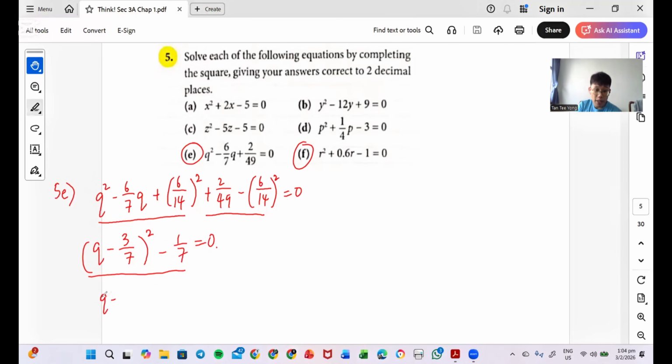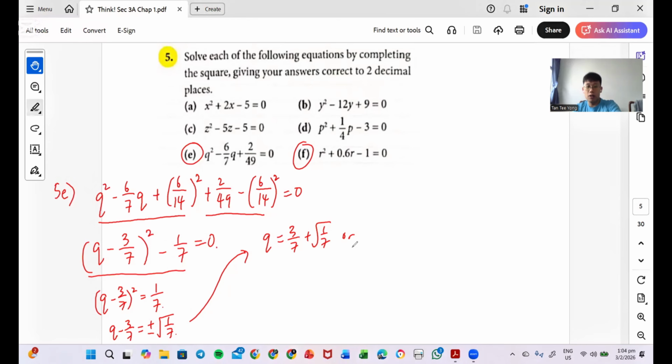So q minus 3 over 7 square equals to 1 over 7. Then you square root both sides. So q minus 3 over 7 equals to plus minus square root 1 over 7. Then q equals to 3 over 7 plus square root 1 over 7, or q equals to 3 over 7 minus square root 1 over 7.